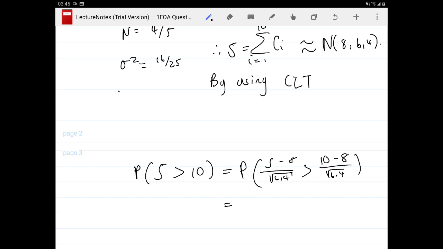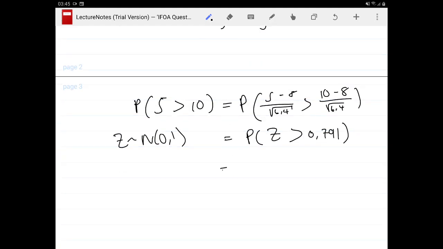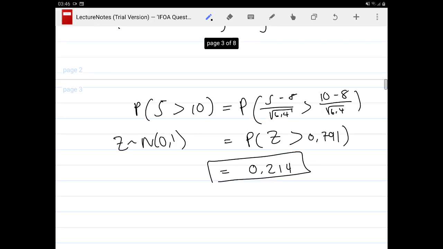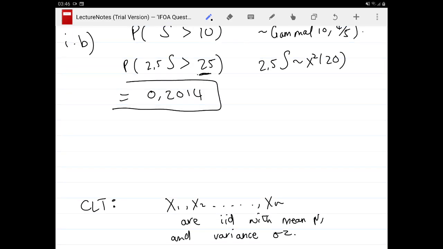That is equal to the probability that some z, where z is normal, that's what standardizing does, is greater than 0.791, and a lot more decimals. Then we just have to calculate this normal probability. You can look at your tables or whatever statistical software you use, and this is equal to 0.214.